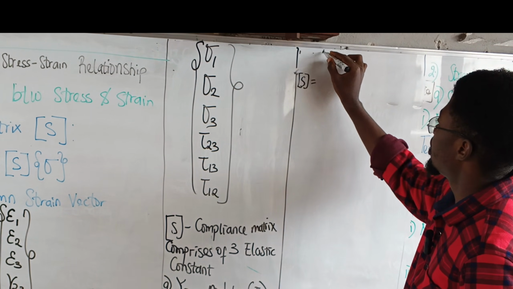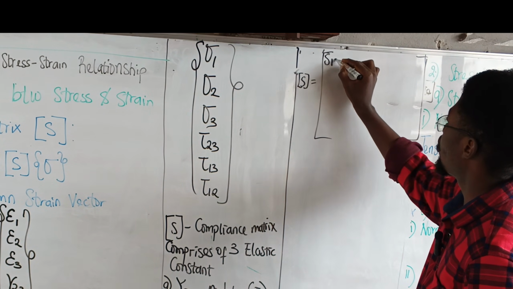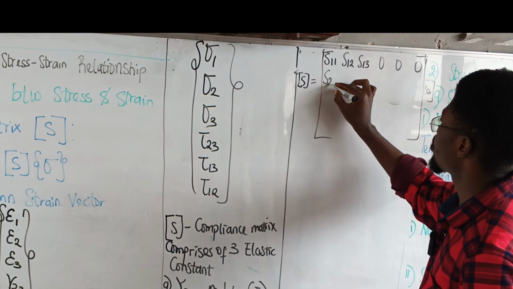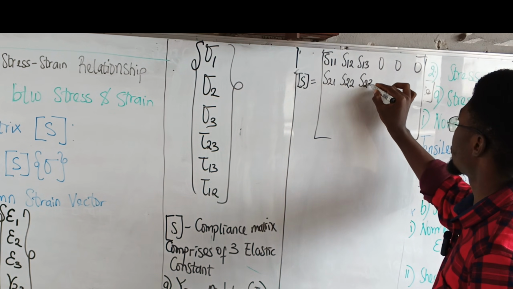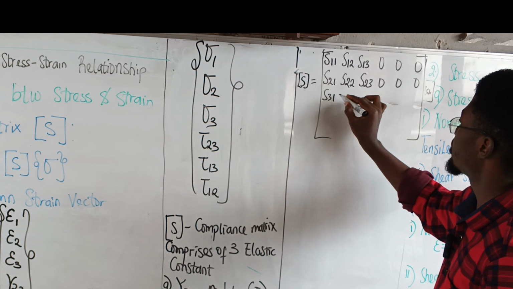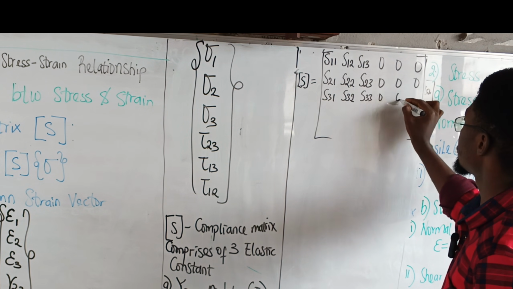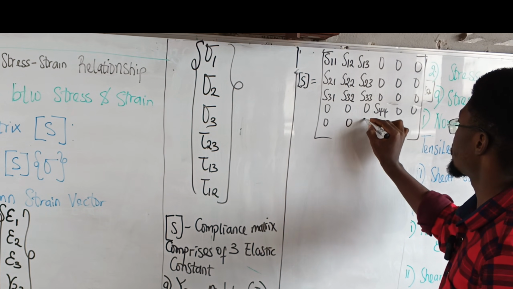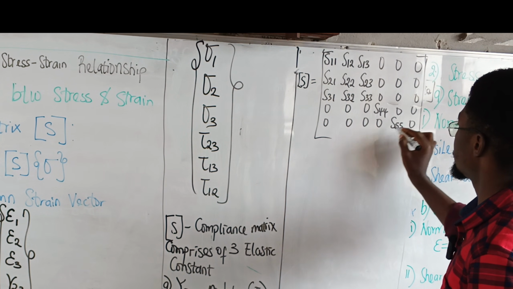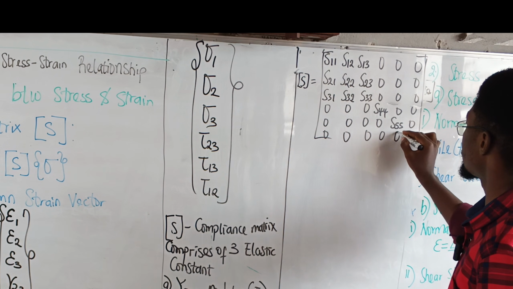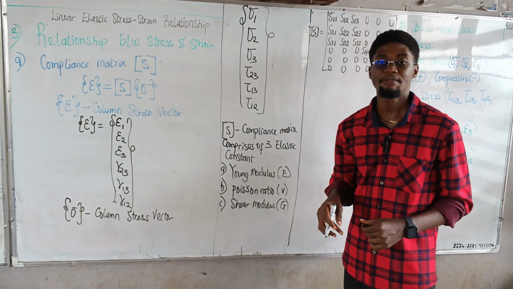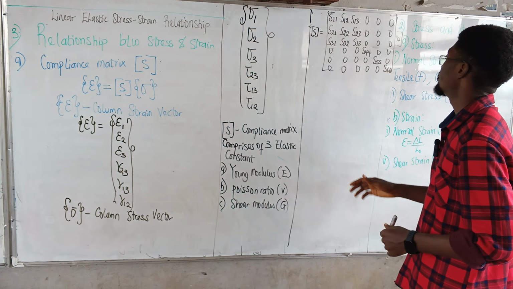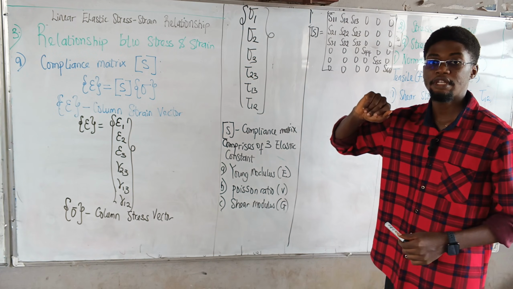You have S11, S12, S13, 0, 0, 0, S21, S22, S23, 0, 0, 0, S31, S32, S33, 0, 0, 0, 0, 0, 0, S44, 0, 0, 0, 0, 0, 0, S55, 0, then finally 0, 0, 0, 0, 0, S66. So this is a 6x6 matrix. Now I will explain why we have zeros in this matrix later on. Okay, so this is how our compliance matrix is in full.